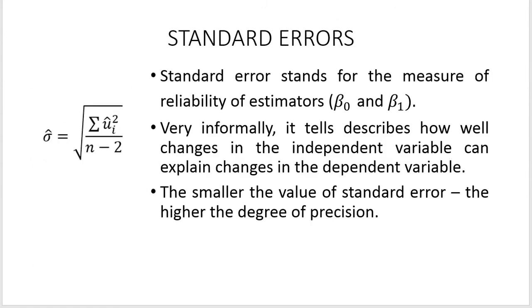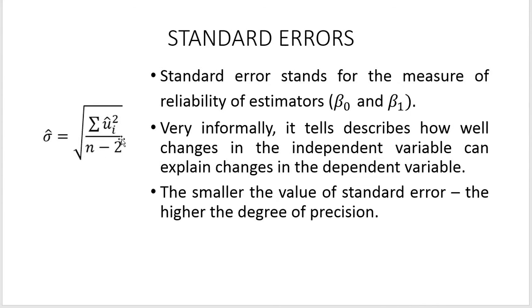Okay, so standard errors stand for the measure of estimators beta 0 and beta 1 reliability. Standard error is calculated as the square root of the sum of squared terms of all the residuals divided by n minus 2. n minus 2 is known as the number of degrees of freedom, and n stands for the number of observations in your model.